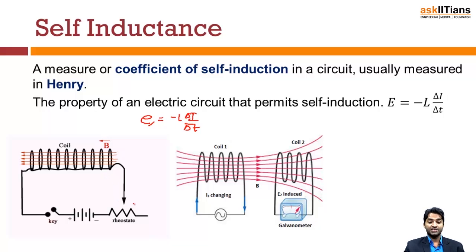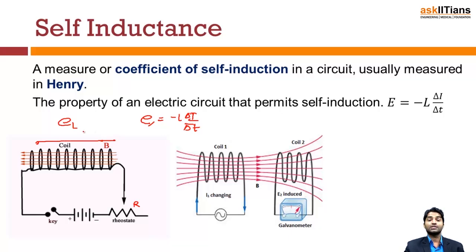When we change the resistance, definitely the current will change, and due to that variable current, due to variable resistance, an EMF will be produced across the secondary coil.